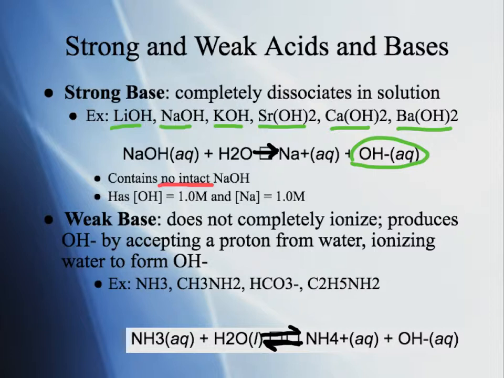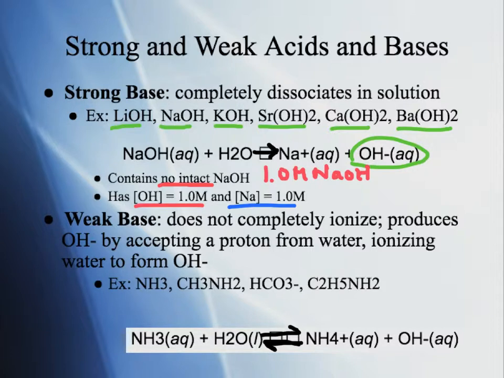We're going to get no NaOH still intact. So, like we mentioned earlier, if we have a 1.0 molar NaOH solution and it completely dissociates, that means we have a hydroxide ion concentration of 1 molar, and our sodium ion concentration is going to be 1 molar.